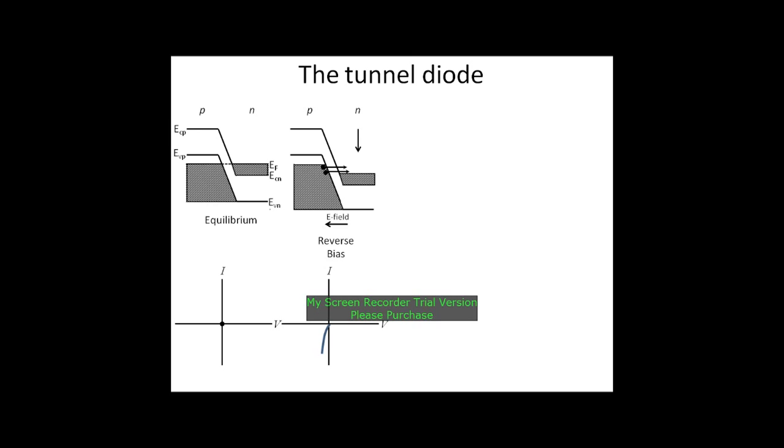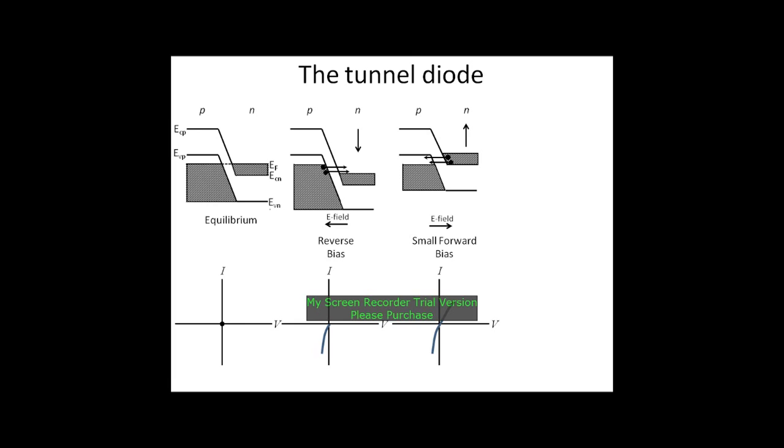Now, when we go to a forward bias, the N type shifts upwards, and so the electrons in the conduction band of the N region can move into the valence band of the P region. This results in an increase in the current as a function of voltage.